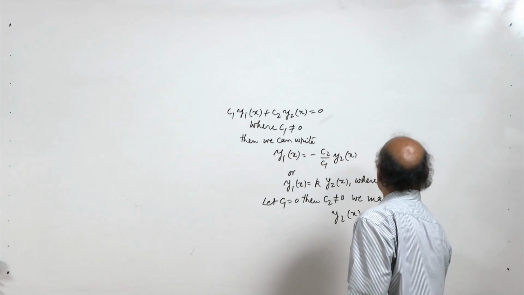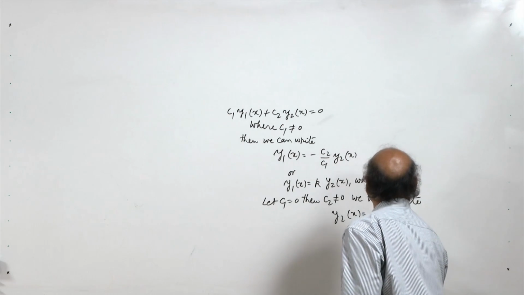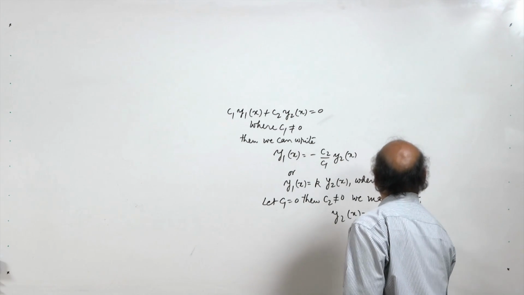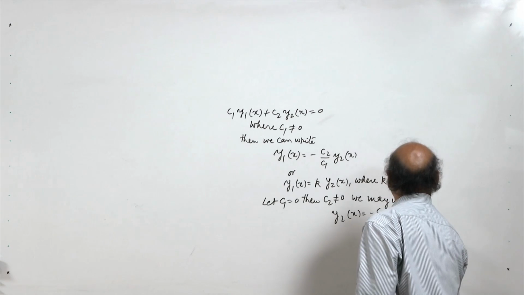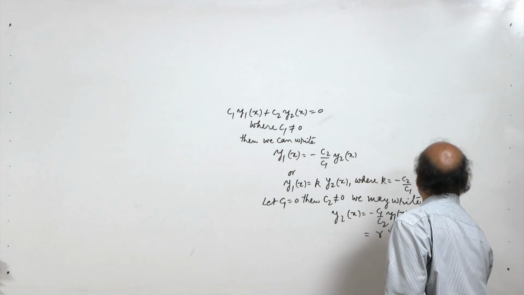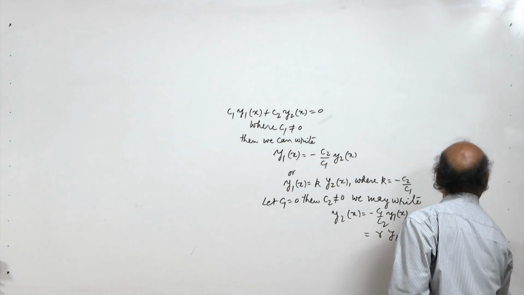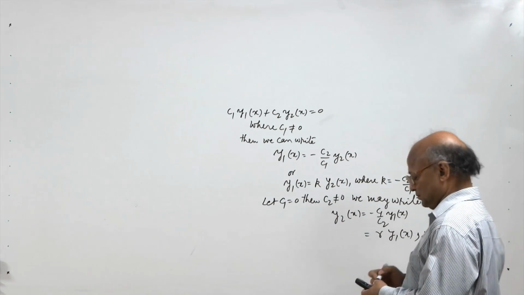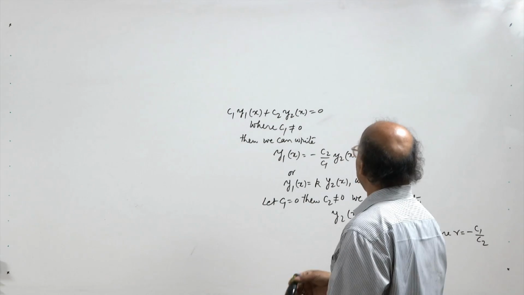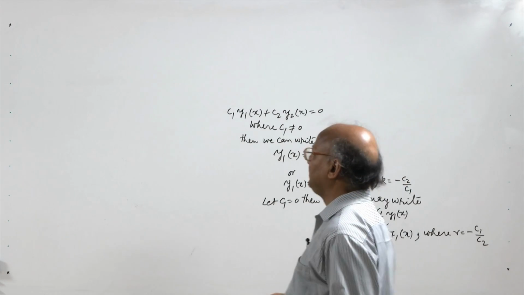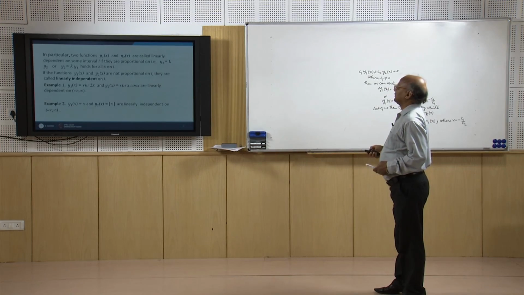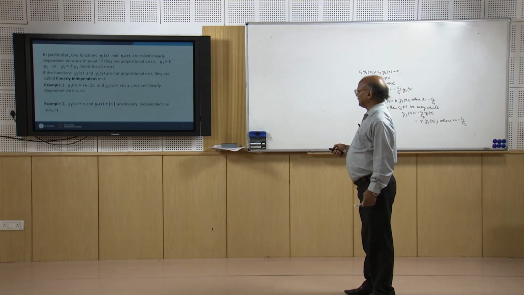This will be some constant, let us say r, so r into φ1(x), where r is equal to minus c1 by c2. So in either case, φ1 and φ2 will be proportional to each other. One will be a constant multiple of the other.